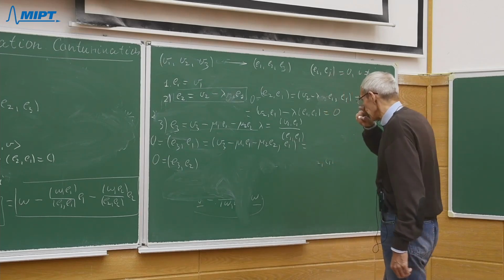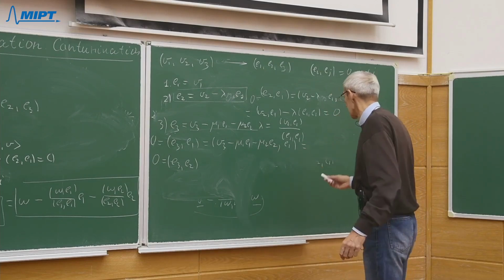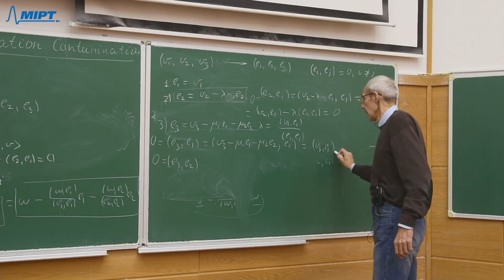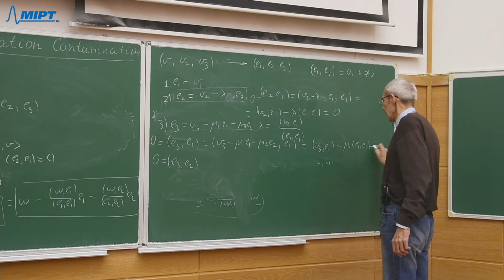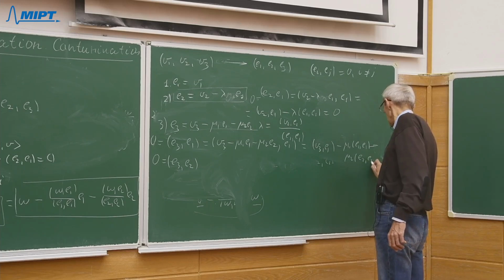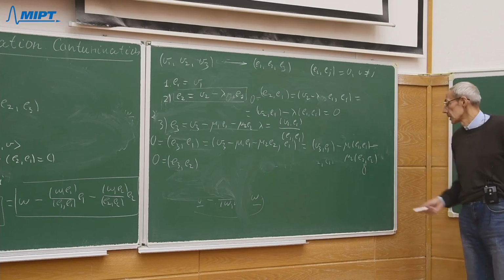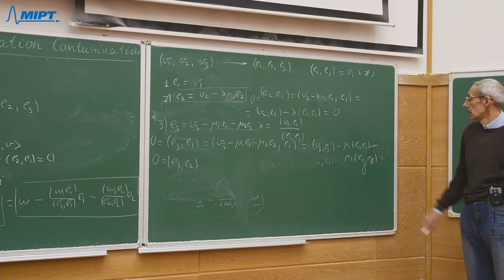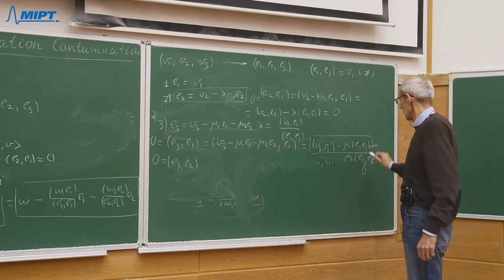And using the condition of orthogonality, we obtain the following expression: (V3, E1) minus mu1 (E1, E1) minus mu2 (E2, E1). And this expression is equal to 0 because vectors E2 and E1 are orthogonal.